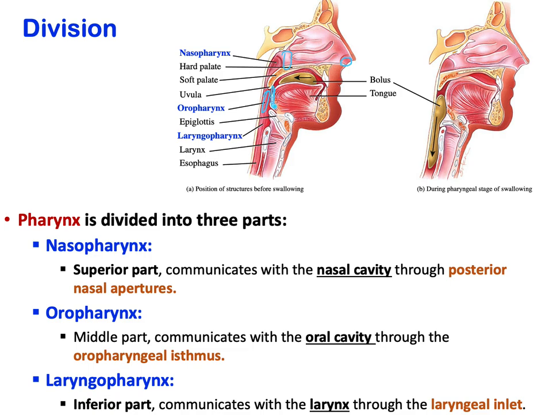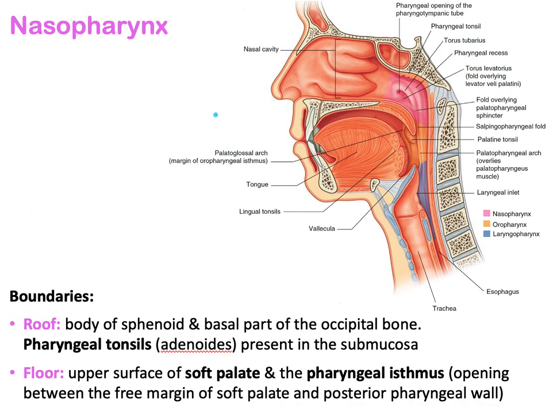We call it the oropharyngeal isthmus. Now the third part communicates with the laryngeal cavity, or with the larynx, through the laryngeal inlet. This is the laryngopharynx.